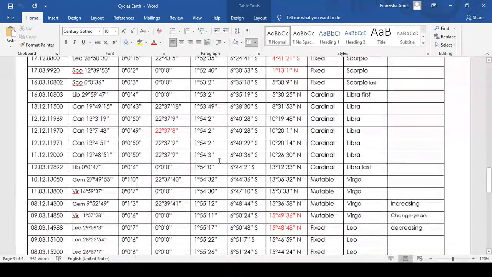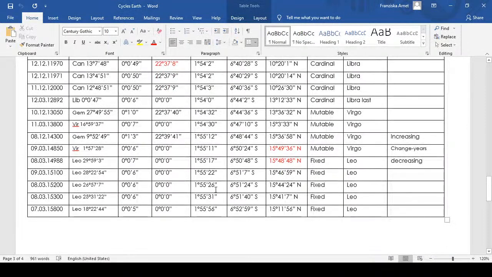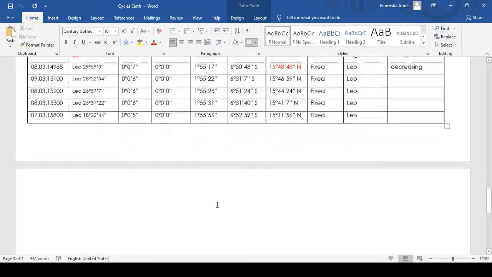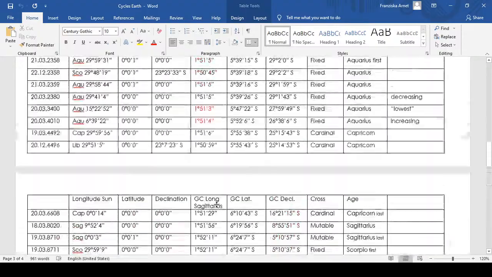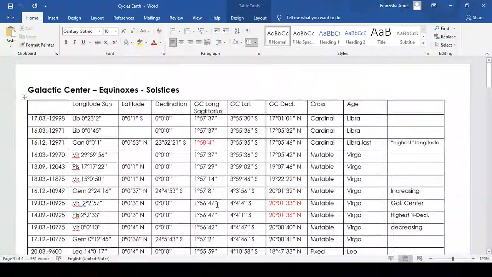See, the general move is up. I found that very interesting that it comes up, that was the highest I found, and then it goes down and then turns and goes back up again. And we have that same thing here with the declination.